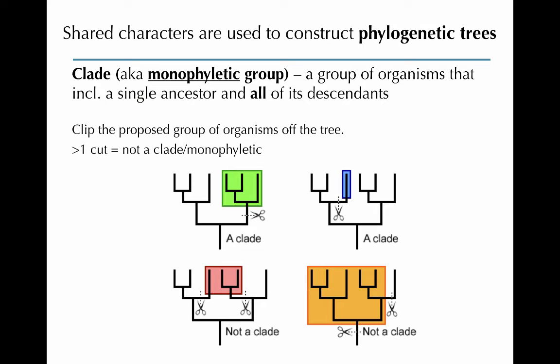And basically what you're looking at is that you want to cut once to get that entire group off of the tree. So if I told you this green is a group we call animals, let's say, and I want to know, is animals a clade? Then you say, well, to get all the animals off the tree, we only have to cut once, which means that yes, it would be considered a clade.